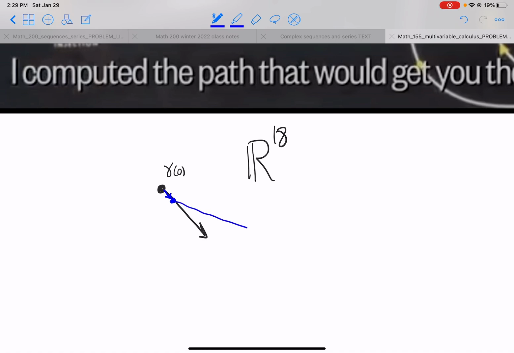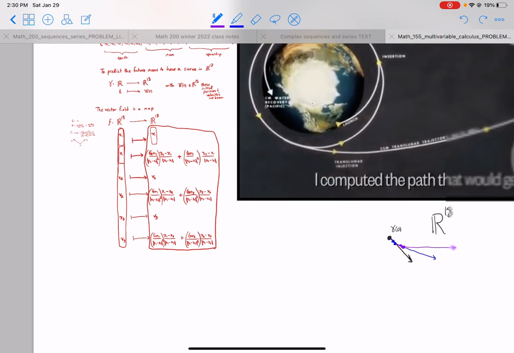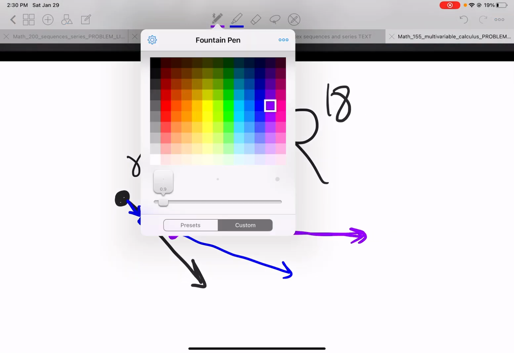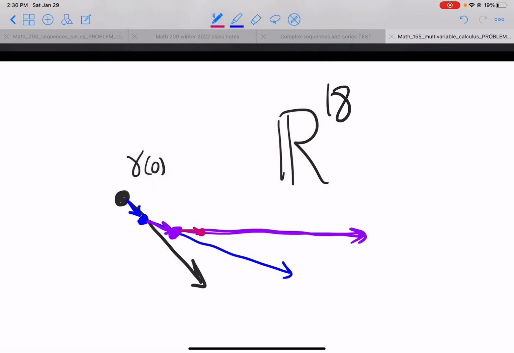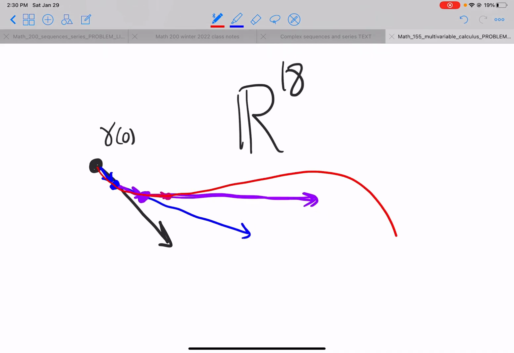Then you calculate the new vector field at that point. And then you move a very small amount in that direction. And then you calculate the new vector field at that point, just from your formula. You have the formula for the vector field. So you plug in at your new point here, and you get some new vector. And then you follow that for a very short step. And if you repeat this with very small steps, you will eventually trace out a curve called the solution curve, or also called the integral curve, because you're sort of solving a differential equation, and integrals are usually the solutions of differential equations.